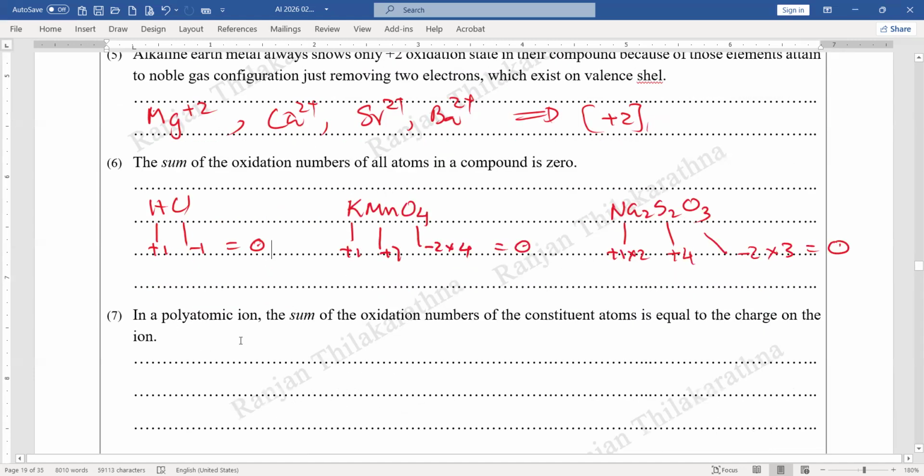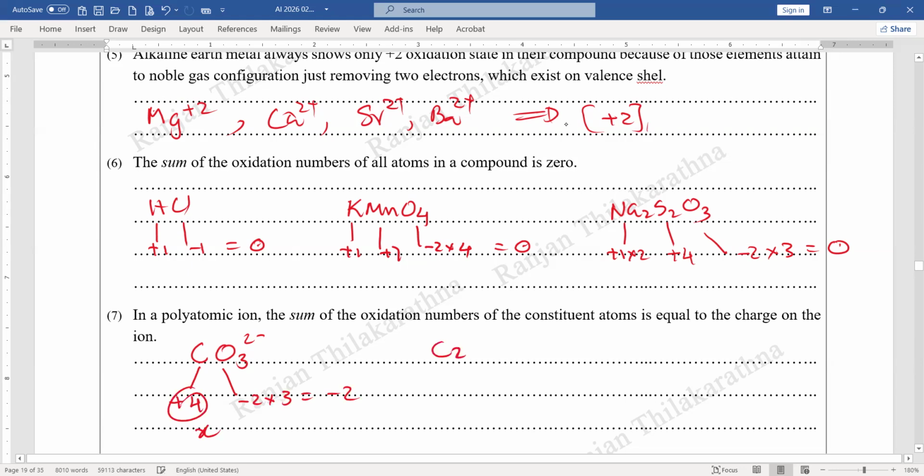In a polyatomic ion, the sum of the oxidation numbers of the constituent atoms is equal to the charge on the ion. If you take CO3 2-, this is +4, this is -2 into 3, equals -2. Or if you don't know this, just put x and you will find it.